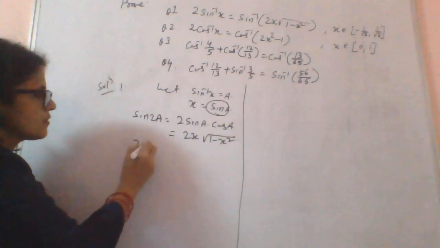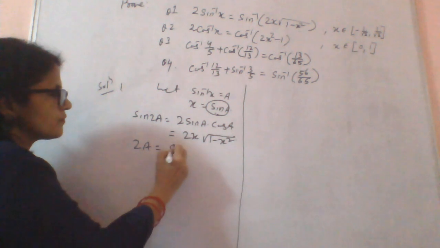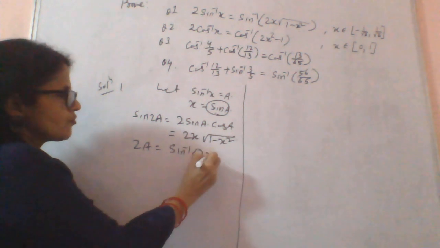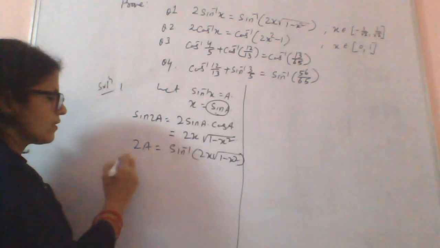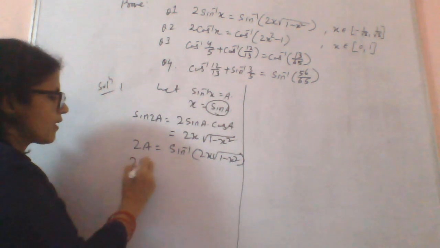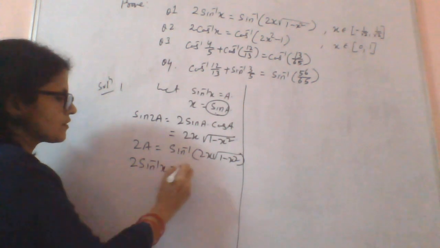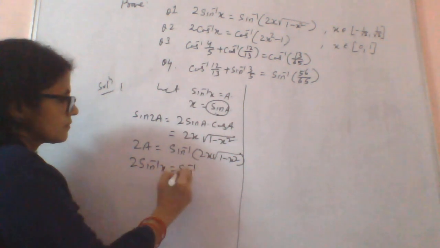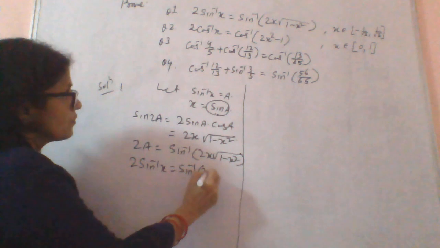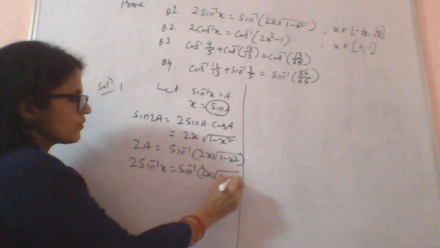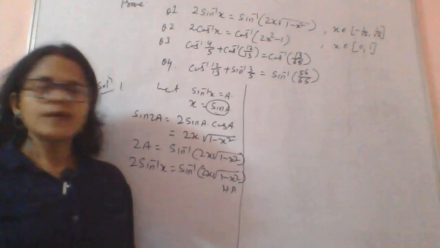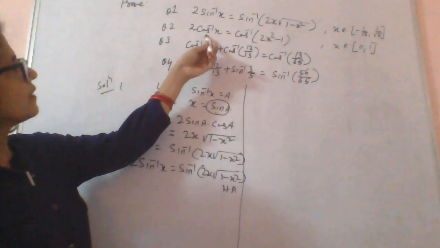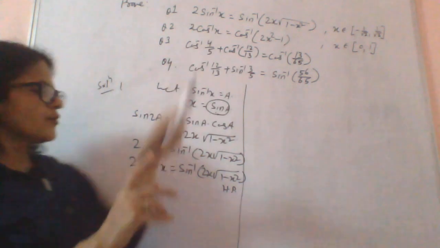So 2a equal to sin inverse of 2x into under root 1 minus x square. Or you can say twice of sin inverse x equal to sin inverse of 2x into under root 1 minus x square. Hence proved.